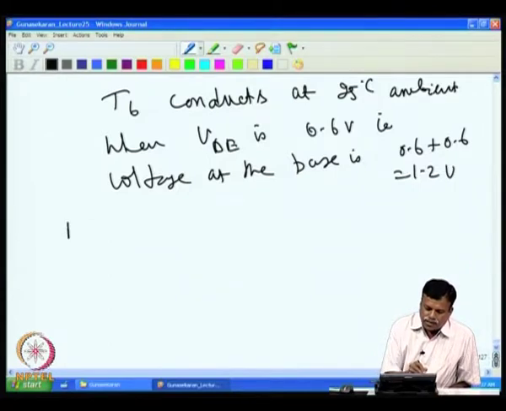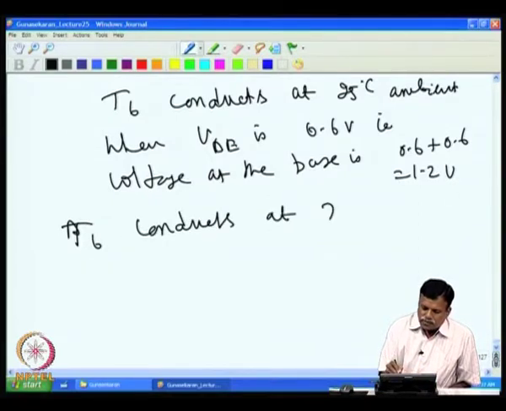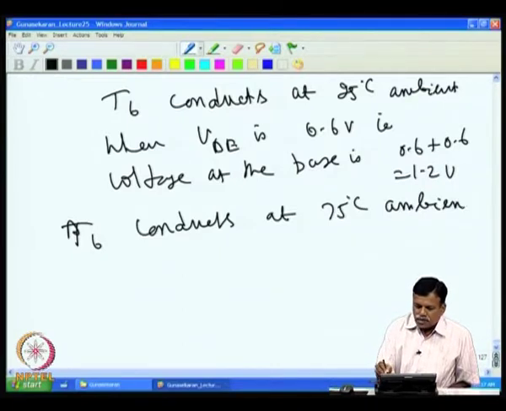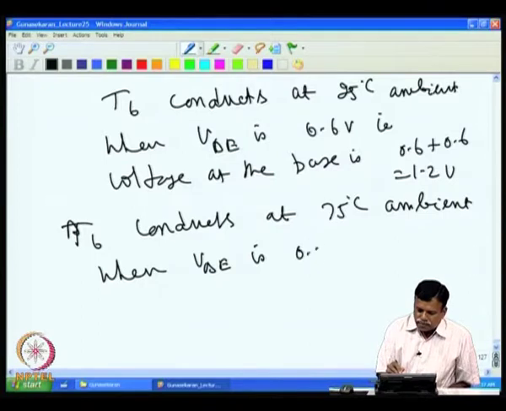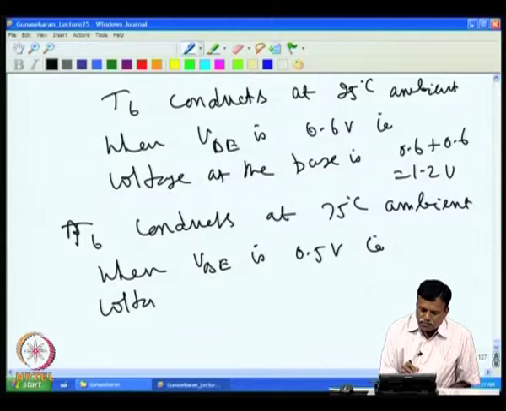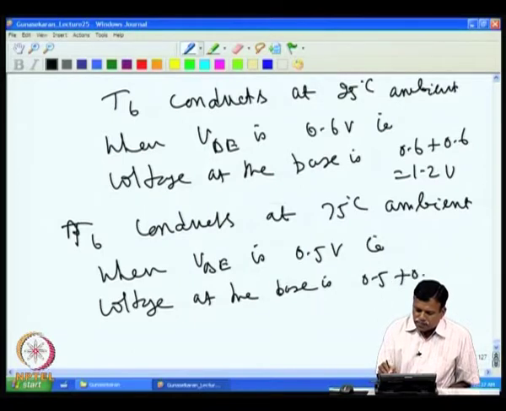Then, same thing, T6 conducts at 75 degree C ambient when VBE is 0.5 volt, that is, the voltage at the base is 0.5 plus 0.7, which is equal to 1.2 volt again.